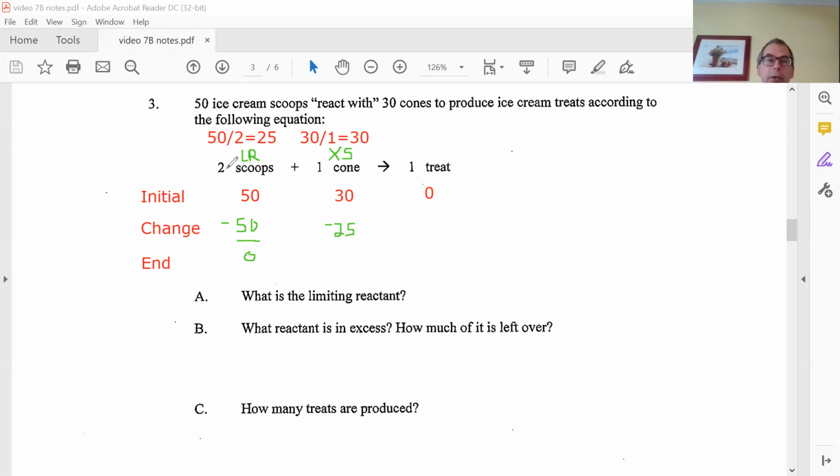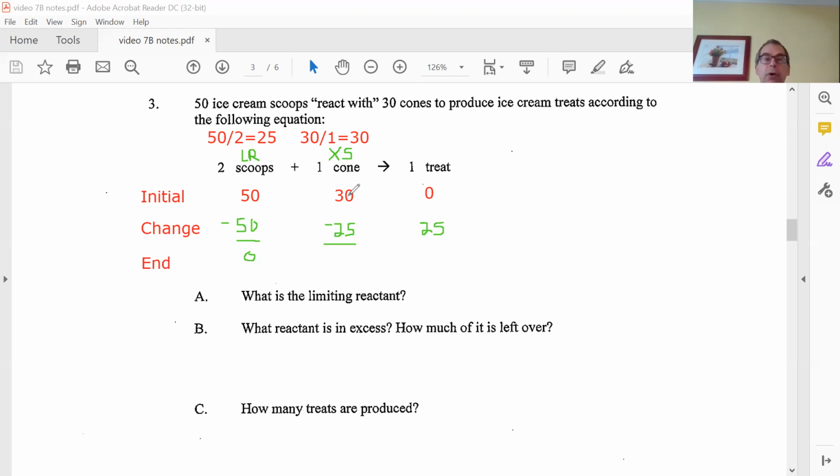And notice 2-to-1 here, it's also 2-to-1 here. So the number of treats is going to be 25, except these are things produced. So I ultimately take my 50 scoops, combine them with 25 cones, and I make 25 double-decker ice cream treats.